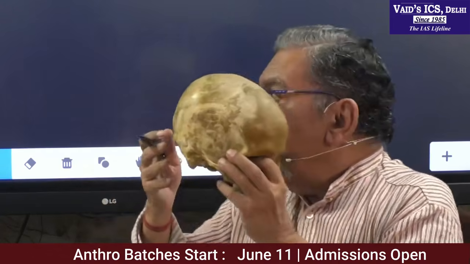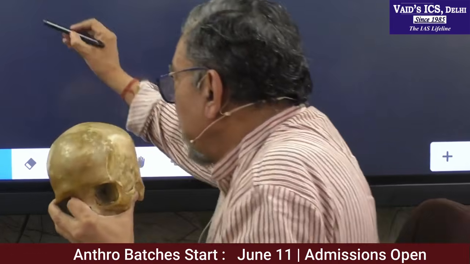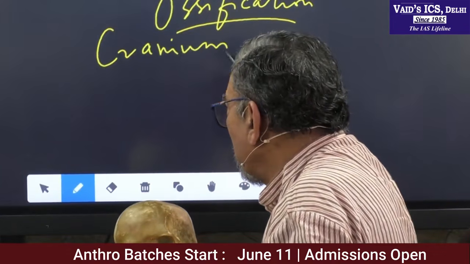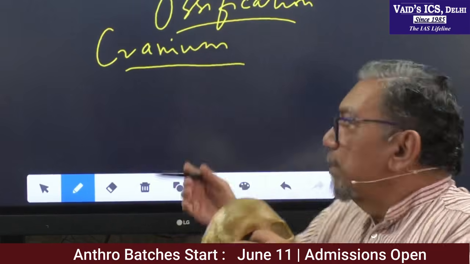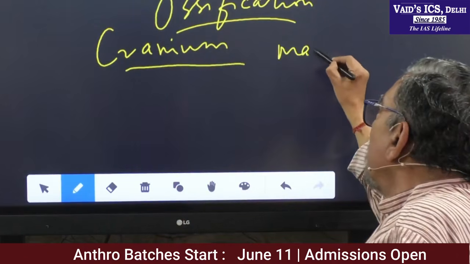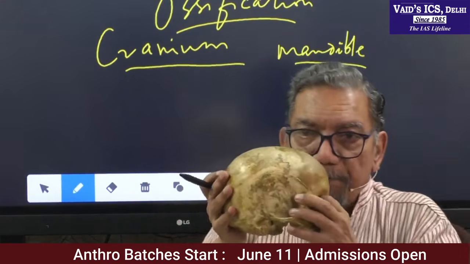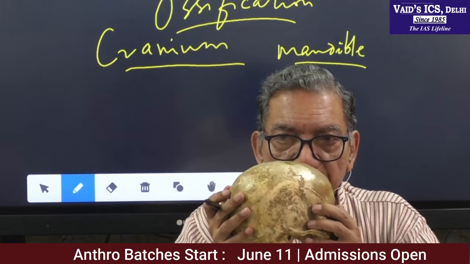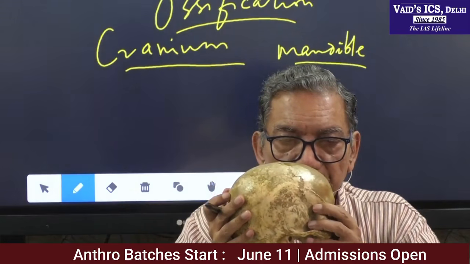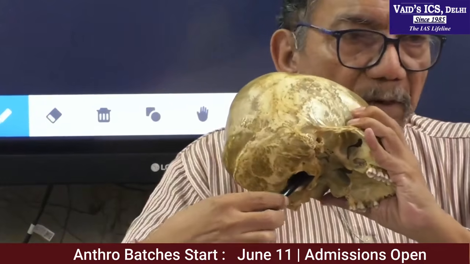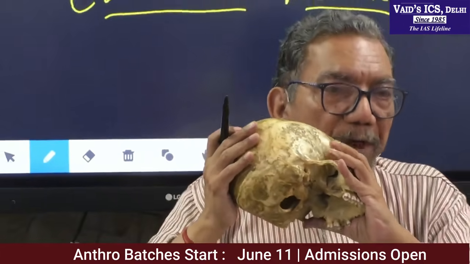So mandible I have removed, and now what I have in my hand is called cranium. Skull minus mandible is cranium. This cranium has a hollow cavity inside. This is called cranial cavity.